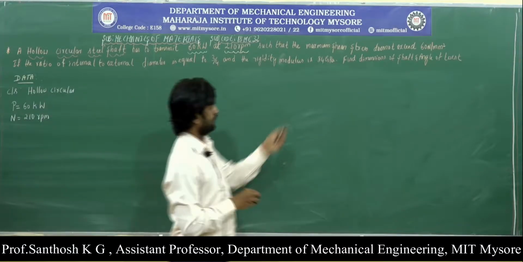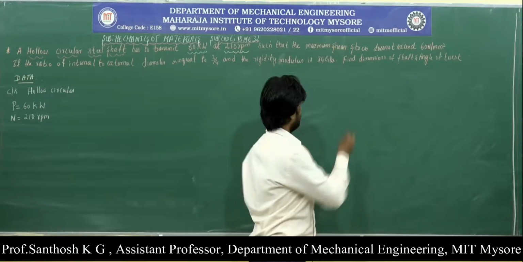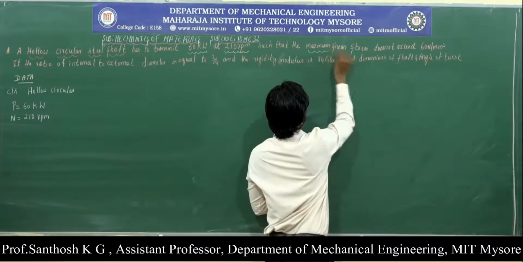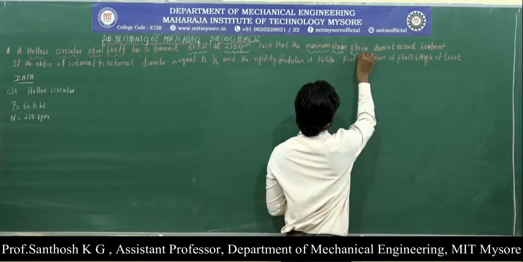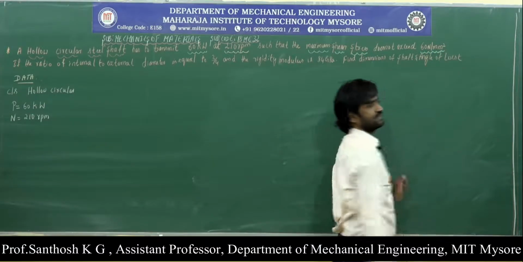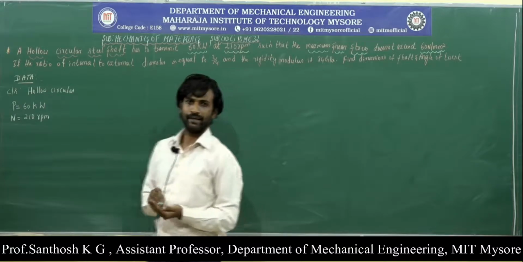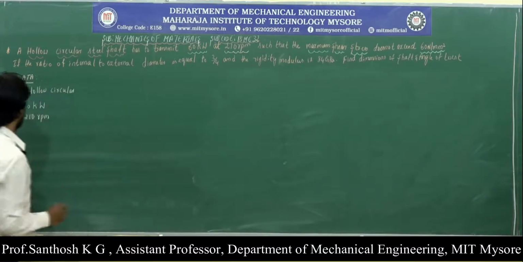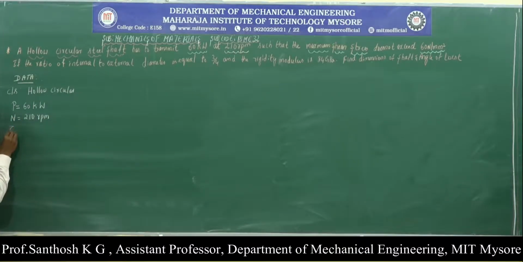Then they have given the value of the maximum shear stress, which is 60 Newton per millimeter square. The shear stress is denoted by tau.